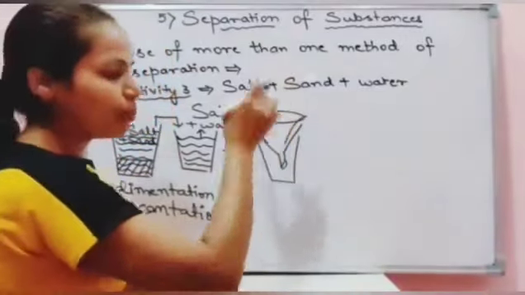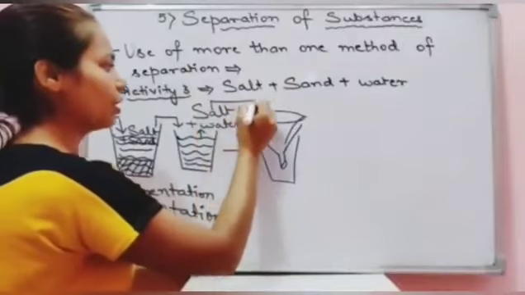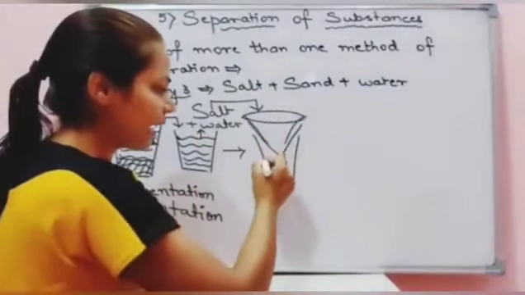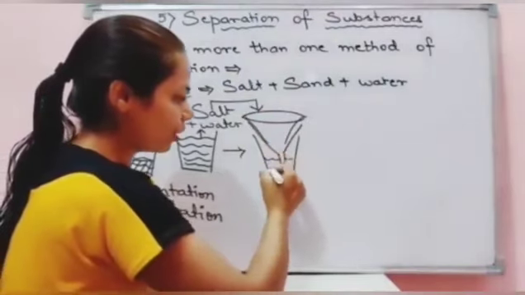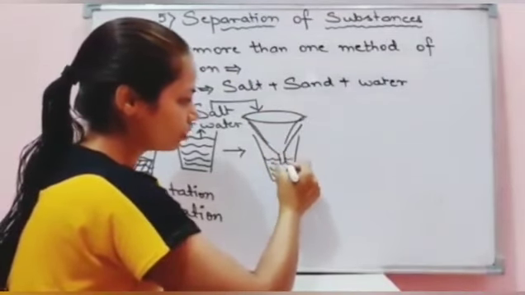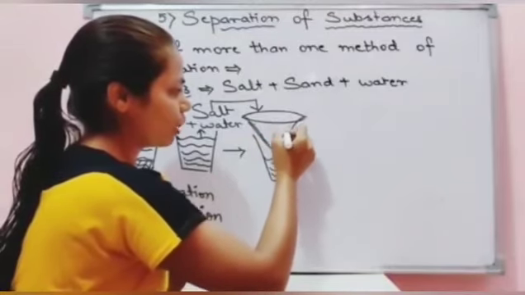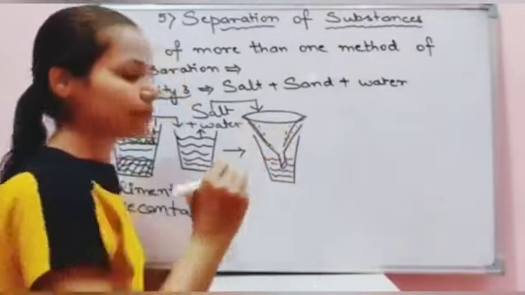Okay, and I will pour this water into this. What will happen, children? The filtered water will come out and the mud will stick near the walls of the filtration paper.